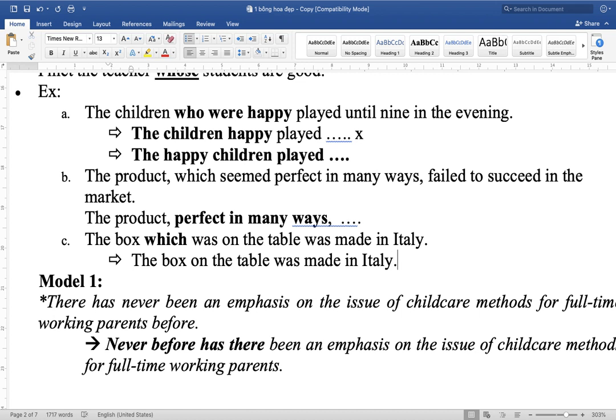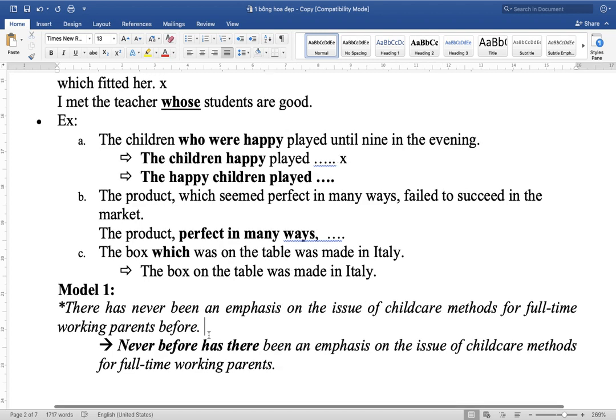Okay, got it. So we don't use be in here because it's an adverbial phrase. So process. Alright, understand about this? Okay, that's it.